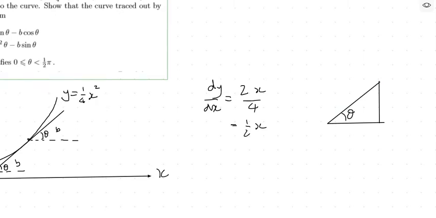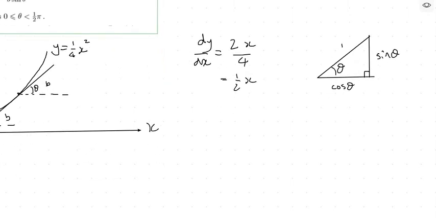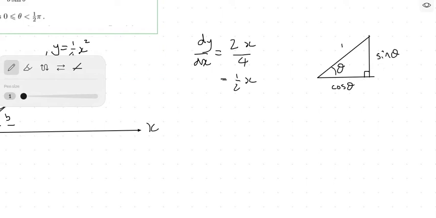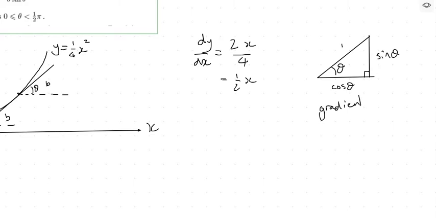So this is theta, so this is sine theta, and this is cos theta, if this is 1. So that means the gradient, which is rise over... Oh, of course, it's tan theta. I don't know why I've written this triangle. Of course, it's just tan theta.